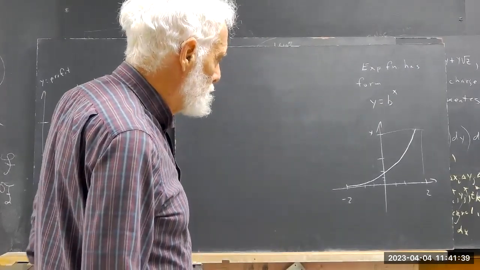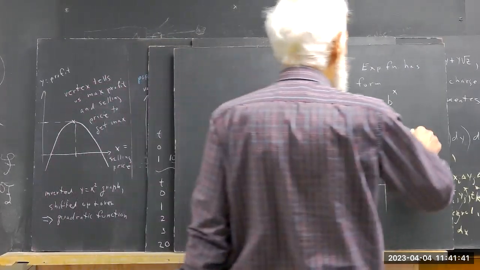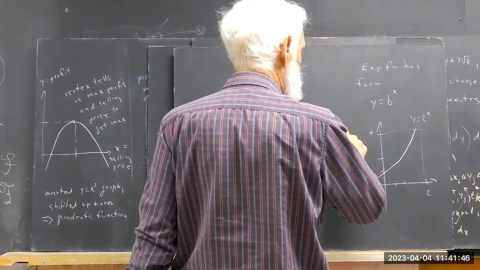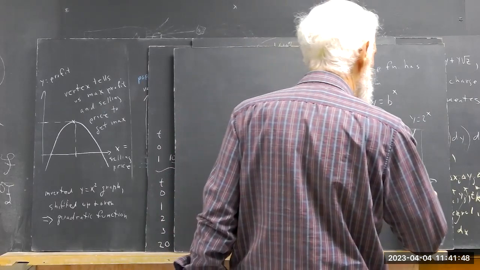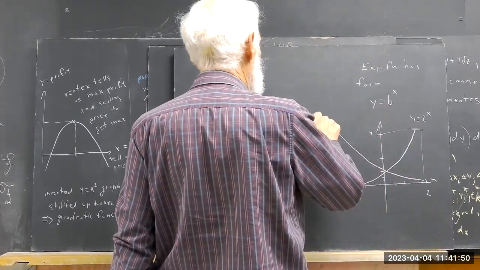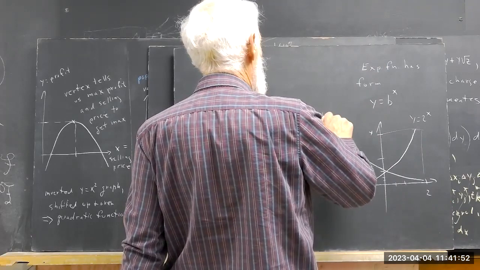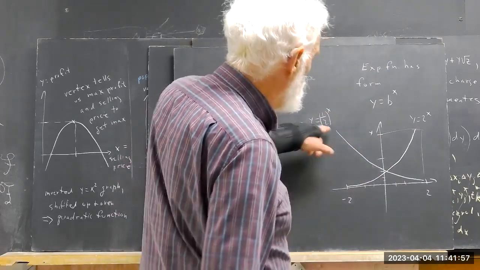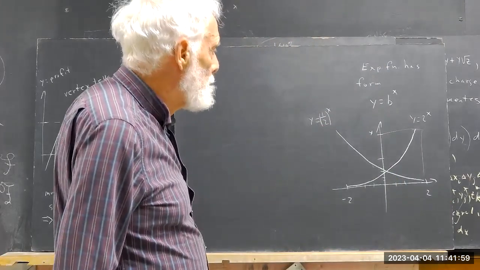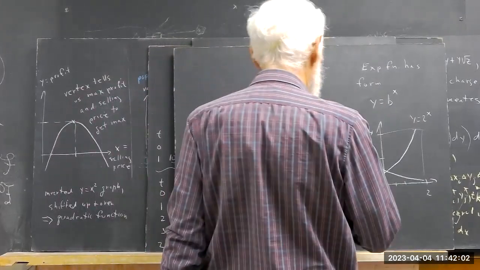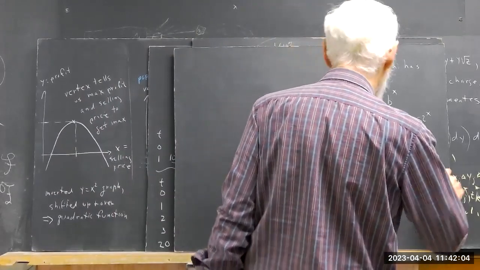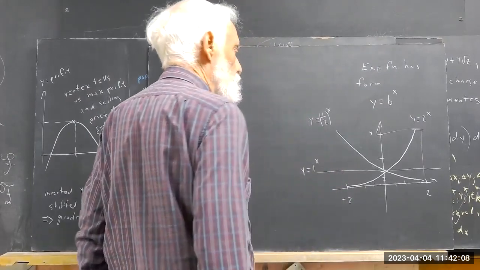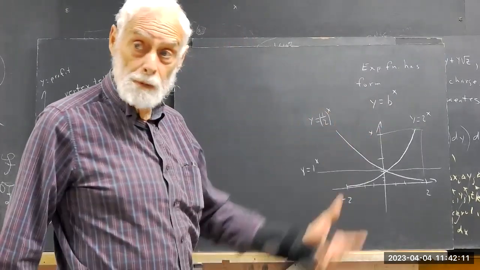That's pretty badly drawn, but there it is. So here's y equals 2 to the x. Here's y equals 1/2 to the x. 1 to the x is always 1.